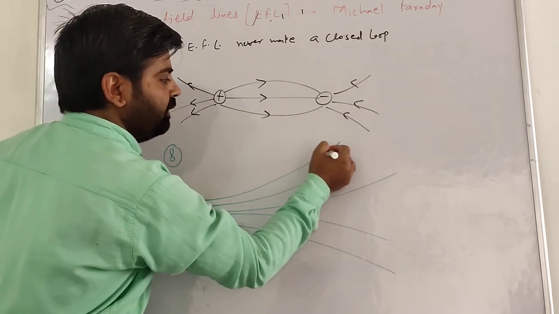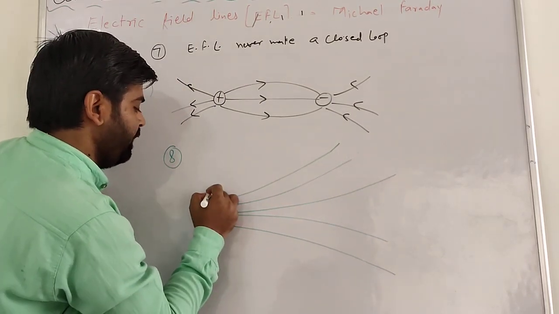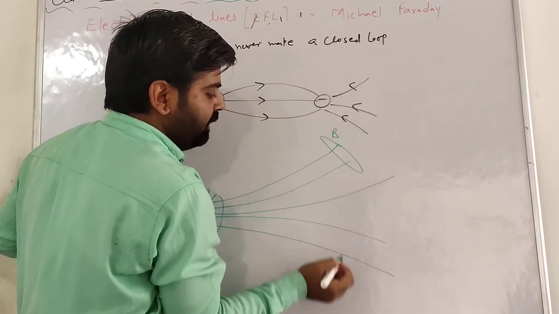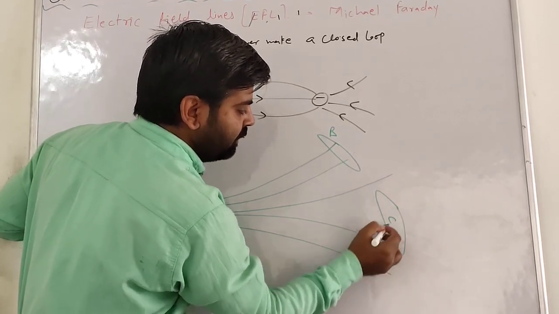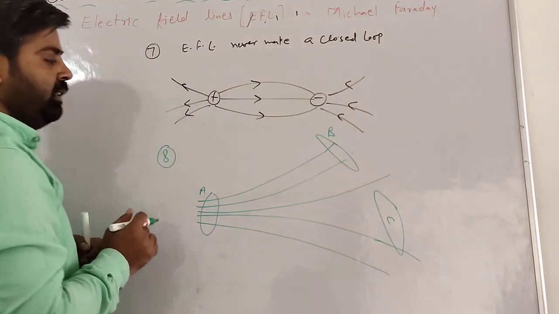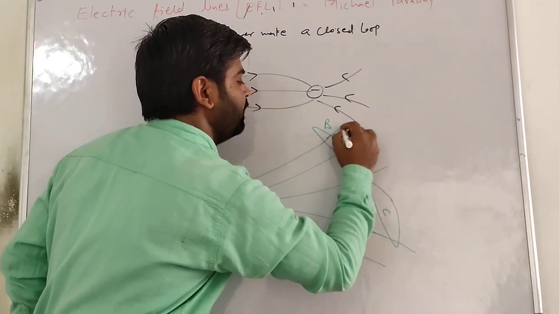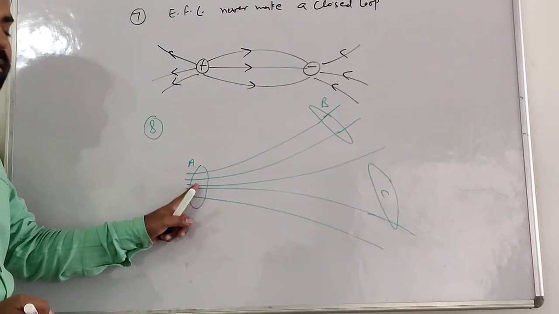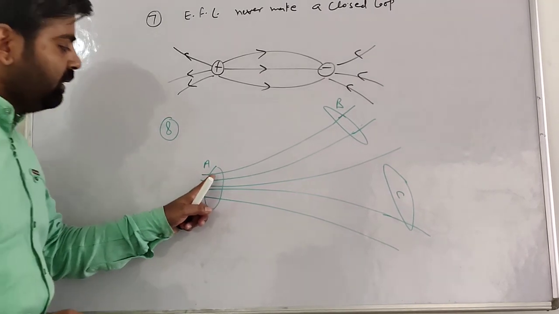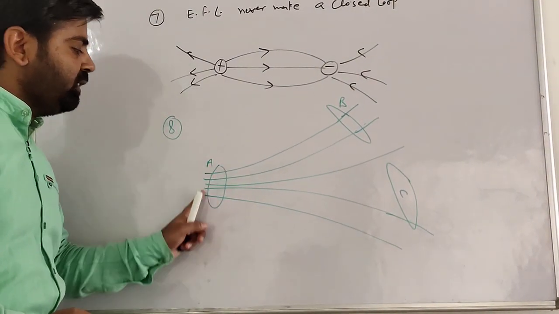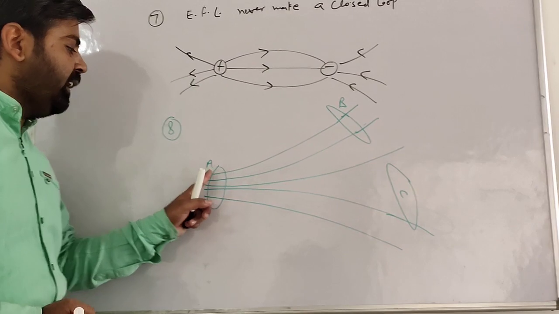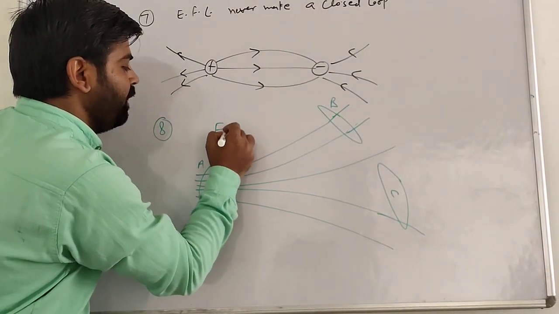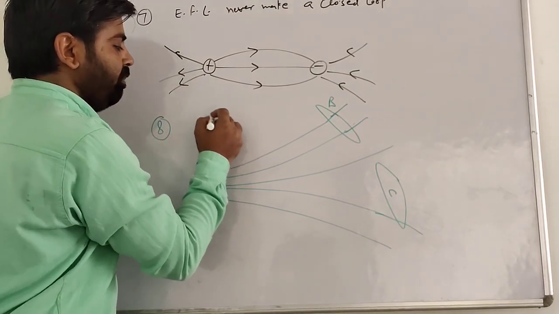We take three regions. First region is A, second region is B, and third region is C. As we see, at region A there are maximum electric field lines which cross this cross-section area, and the field lines are very close to each other. So the electric field intensity at A, EA, is maximum.